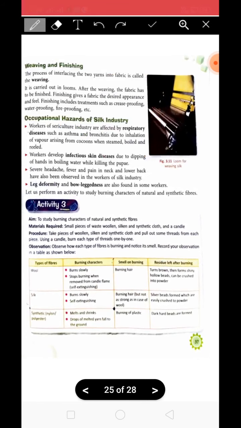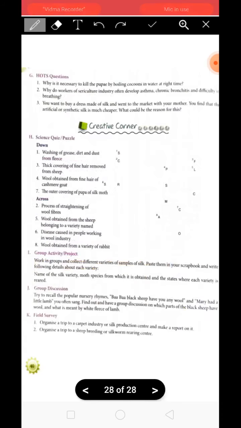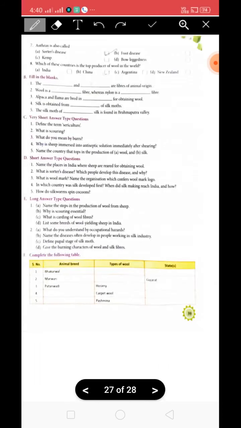The workers of sericulture industry are affected by respiratory disease such as asthma, bronchitis due to inhalation of vapor arising from the cocoon. Worker may develop infectious skin disease, leg deformity and bowleggedness. Okay, this is all about the occupational hazard of silk industry. You will write them.